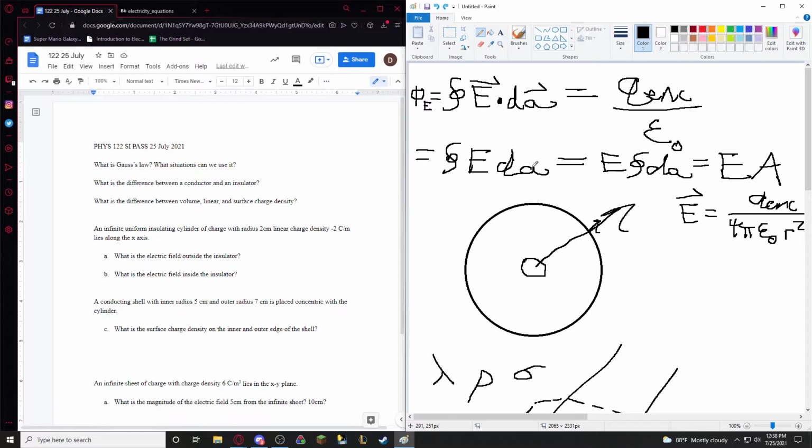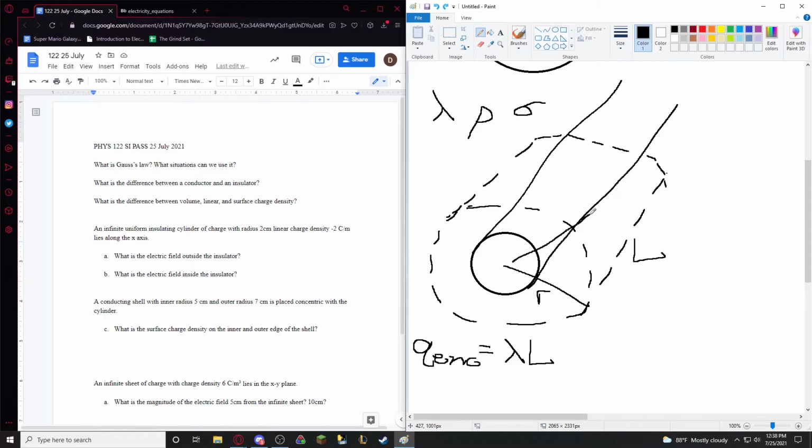Cosine of 0 is 1, so it's just E times dA, which is E times the area, and the area is 2 pi RL. For the end caps, the electric field, because it's going outward, is perpendicular to our area vector. 90 degrees, cosine of 90 is 0. Boom. That's what I was looking for. I think you had it, you just weren't putting it into words. Yeah.